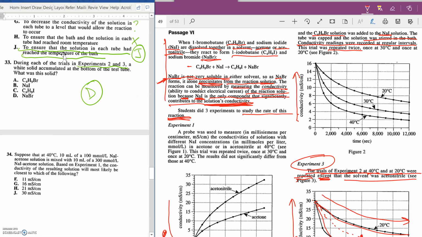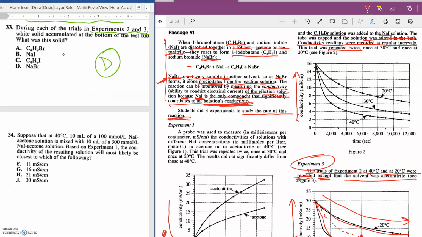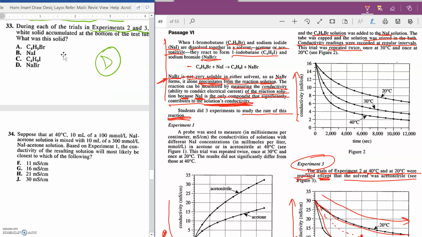All right, last question. This is a harder than normal passage. But again, with practice, you start to get better at answering these. If this one seems hard to you, then yeah, you're right. It's not the easiest passage I've ever seen. Suppose that at 40 degrees, 10 millimeters of 100 mmol sodium iodide is mixed with the same amount of 300 mmol of the acetone.